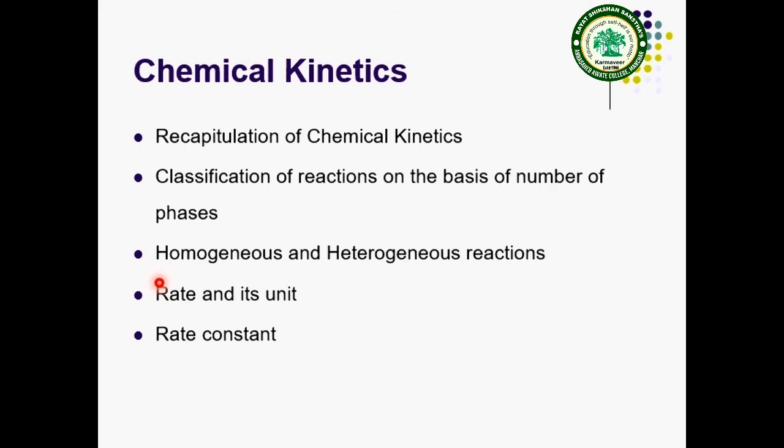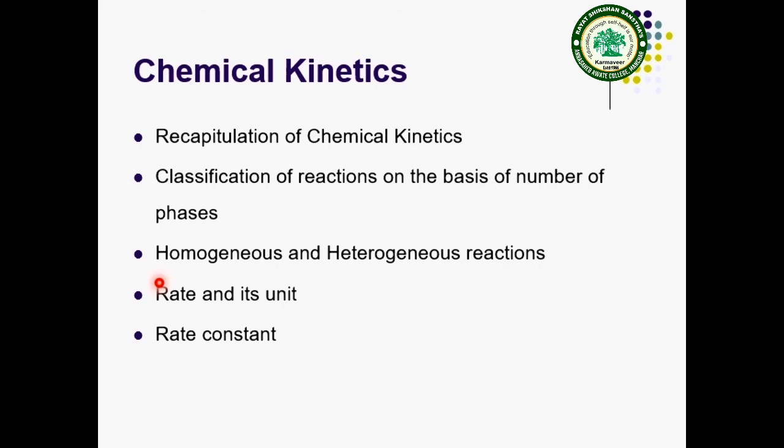So dx by dt equal to k into concentration of A into concentration of B. So here we find k is very important in the rate law equation, and this rate constant can also be called as specific reaction rate constant.